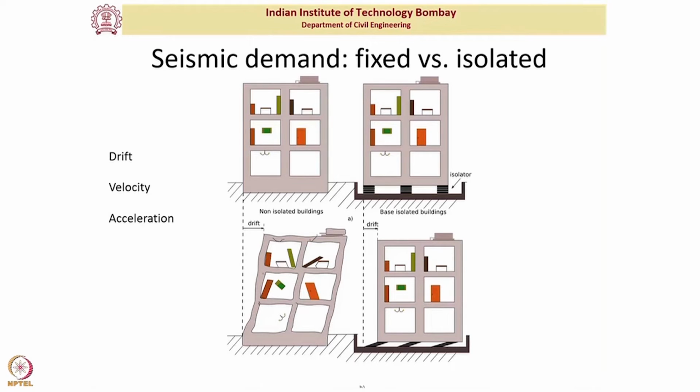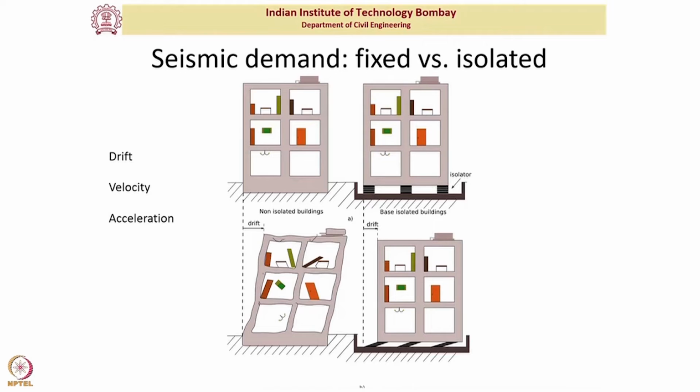And I will show you different types of seismic isolator, but for right now let us just assume that this is an isolation layer. On the left hand side you have a structure that is fixed to the ground. On the right hand side you have the same structure, but now it is isolated through an isolation layer.